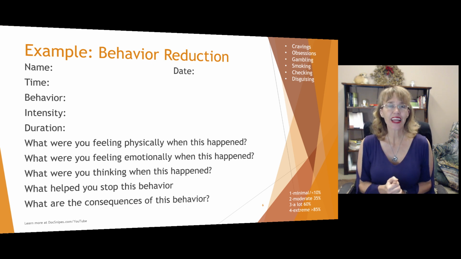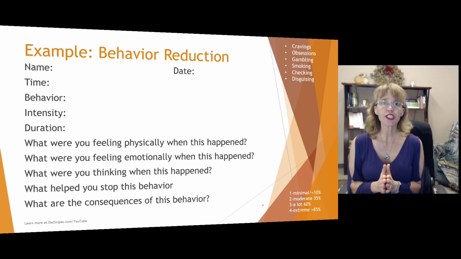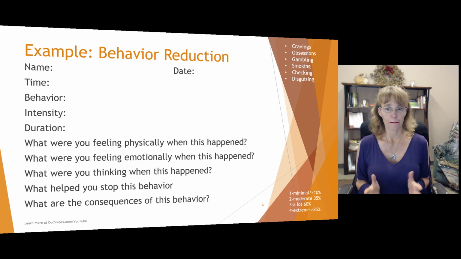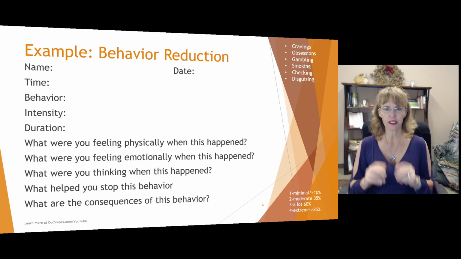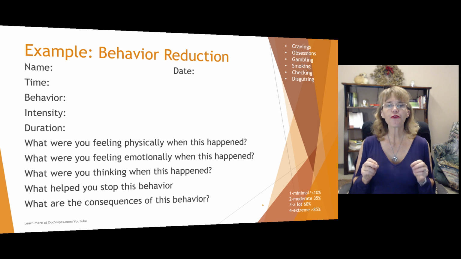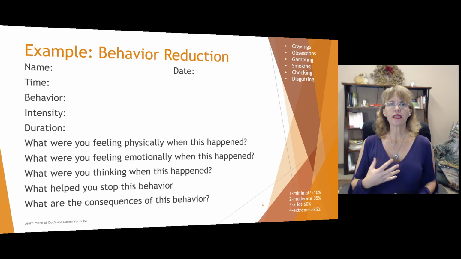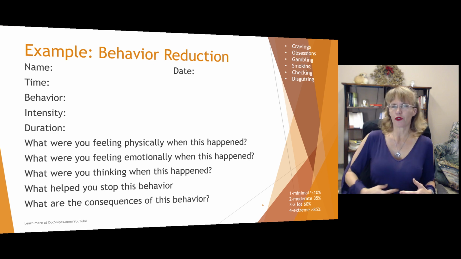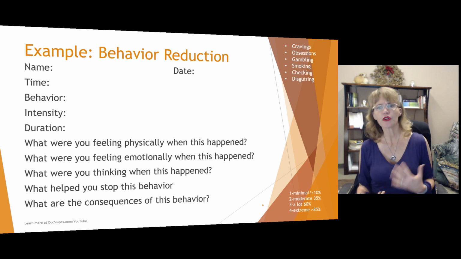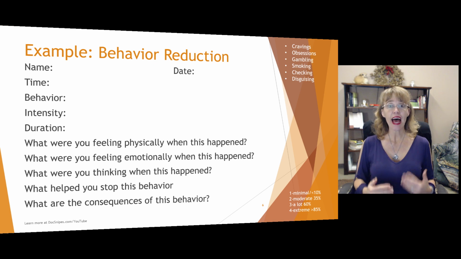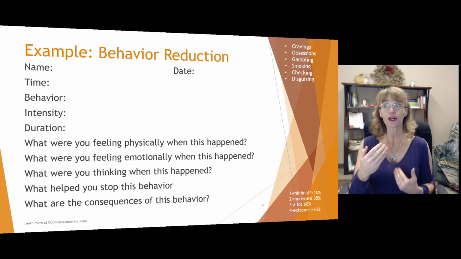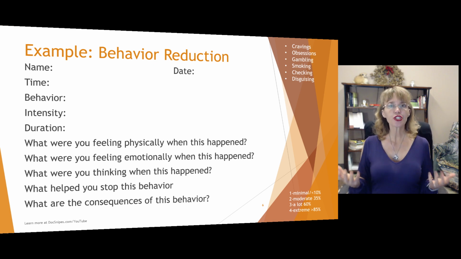Other information that we're gathering is related to triggers and vulnerabilities, but typically triggers. What were you feeling physically when this happened? So if somebody's heart was racing, or they weren't feeling well, or they were tired or something, and that triggered their cravings for some reason, that's good to know.